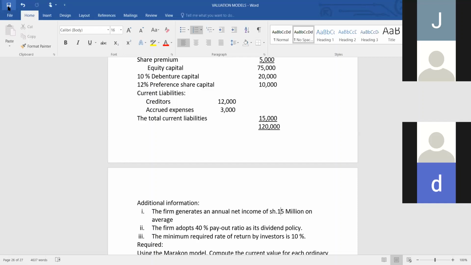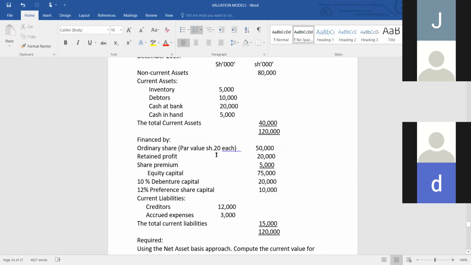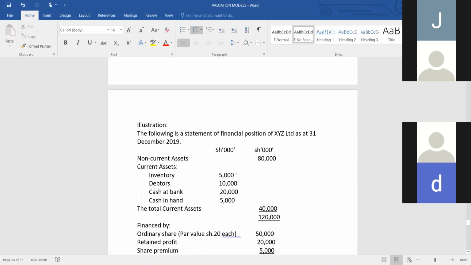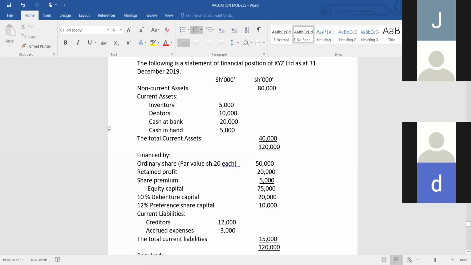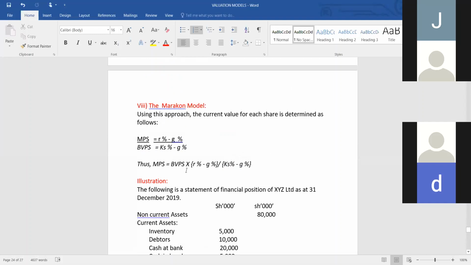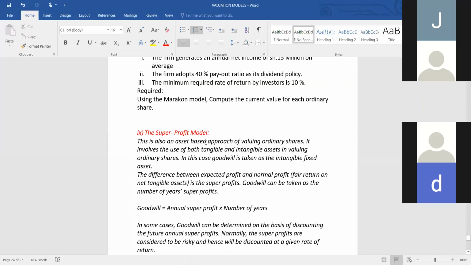Is it possible for us to find the growth rate? Look at the formula. This is the formula, the Marathon model. Book value per share, we don't have to repeat it, we know. You have already got it. Looking at that question, you know the book value per share.